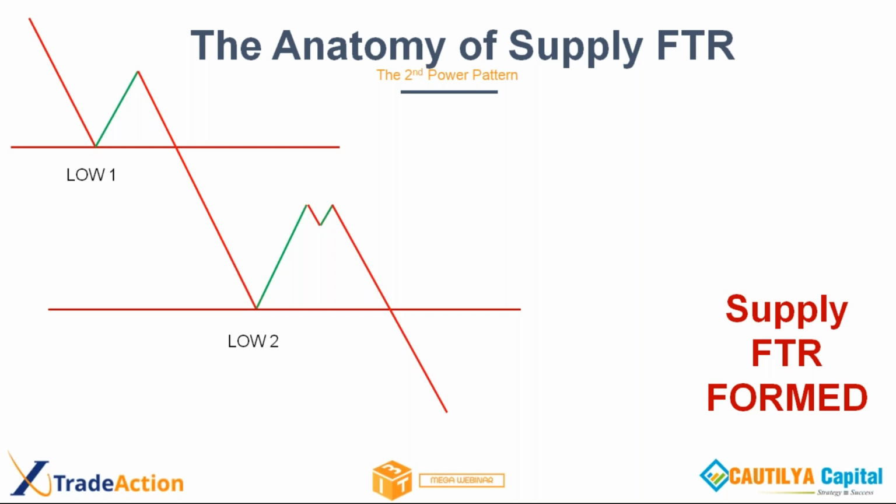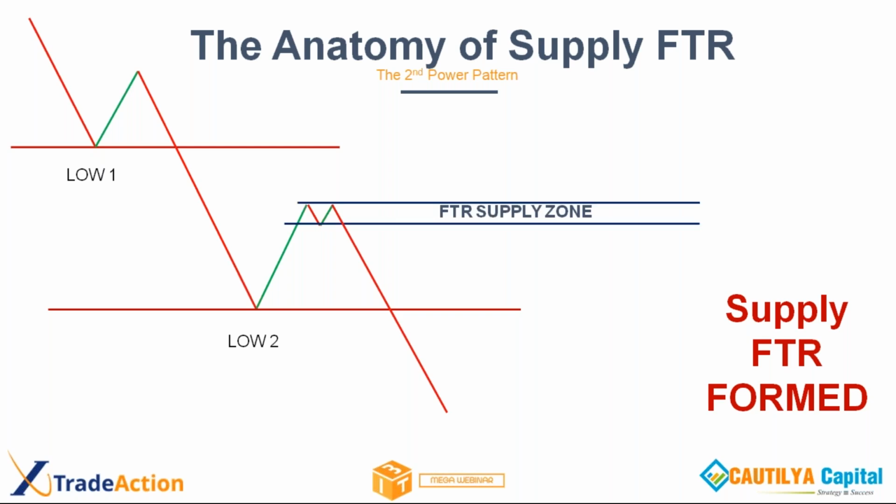Just mirror image the rules of demand FTR. L1 formed, L1 broken, L2 formed, base formed, L2 broken. 5 rules, supply FTR is formed. Now that becomes my supply FTR zone.